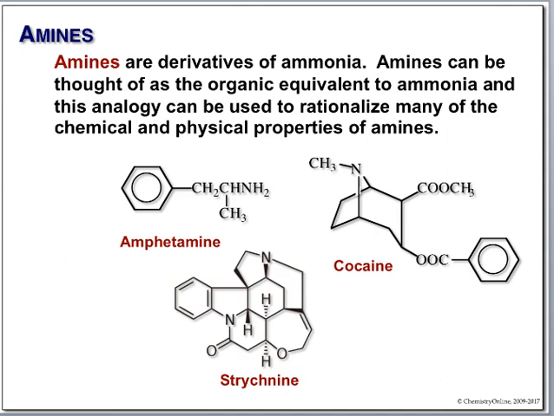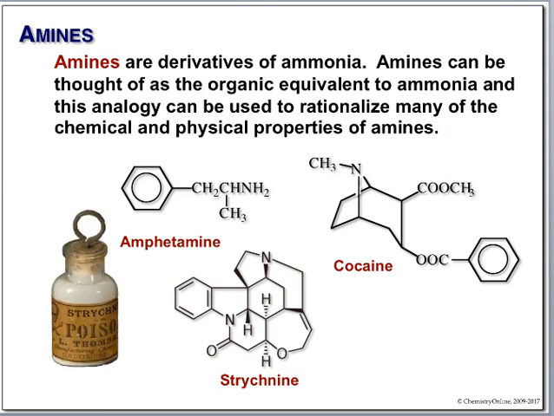This is amphetamine, very simple structure. It's a substituted benzylamine. This is cocaine. And this guy, this fancy heterocycle, is strychnine. Now, strychnine is really a fairly deadly poison. These are too, but this is even worse. The bottle's even labeled poison.